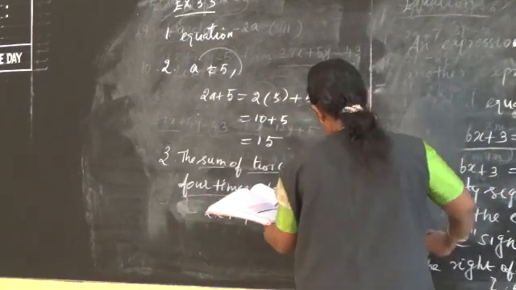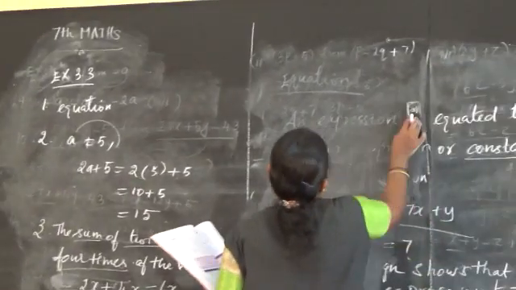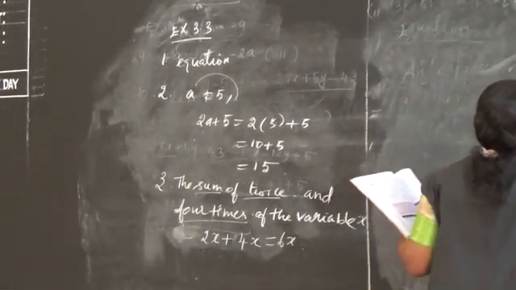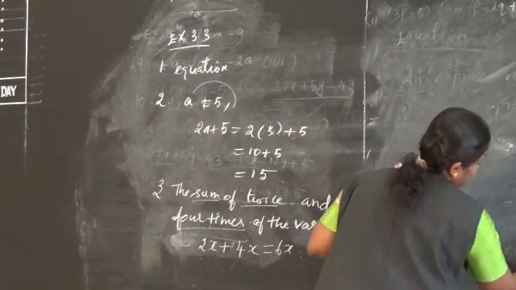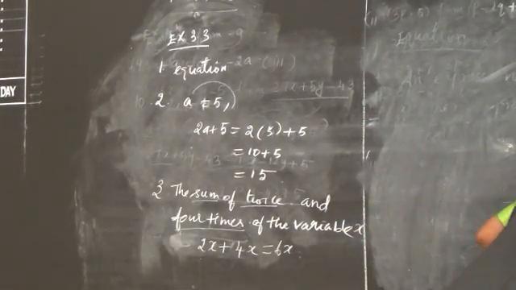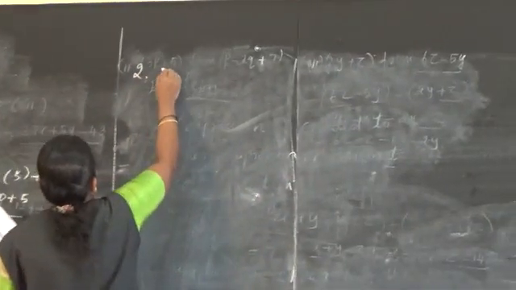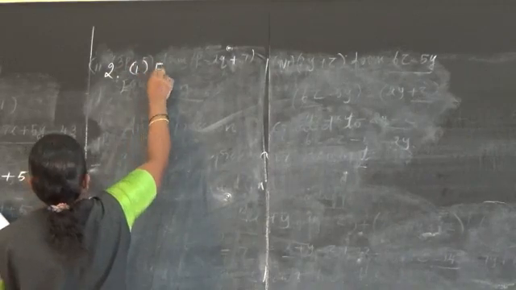The first one, every algebraic expression is an equation. No, because in an algebraic expression we are only combining variables and constants. So no equal sign was there, so that is not an equation. So the first one's answer is false.